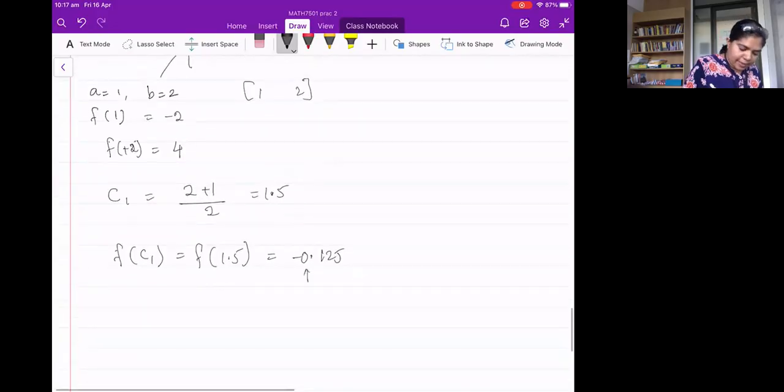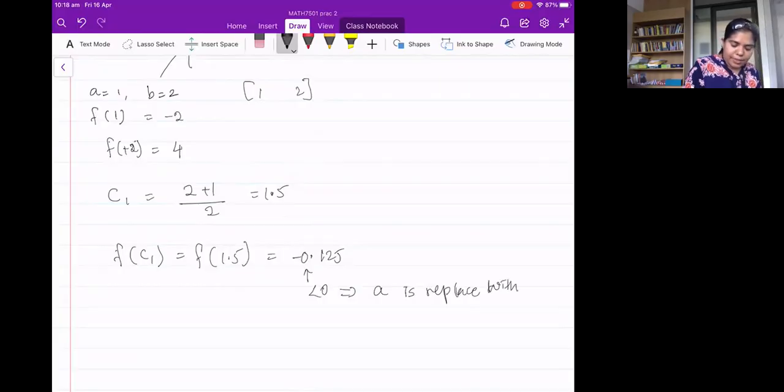This is less than 0, so A is replaced with A equals 1.5 in the next iteration.